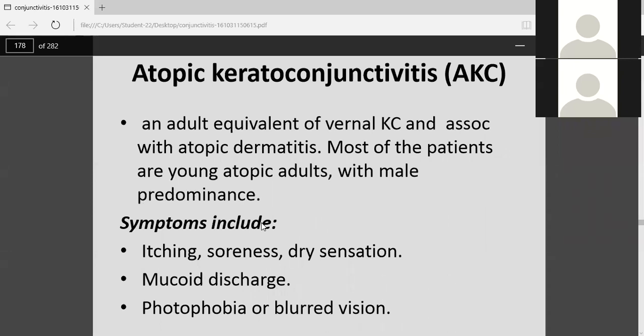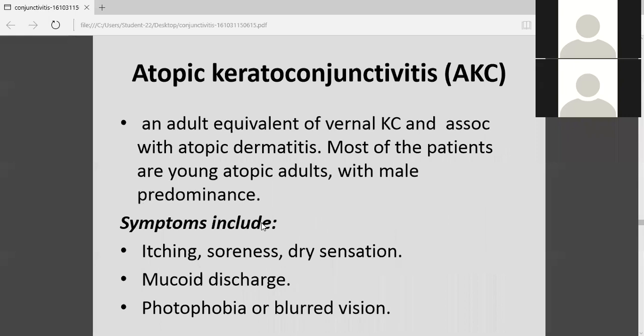Then another variant of allergic conjunctivitis is atopic keratoconjunctivitis. What is it? Atopic keratoconjunctivitis. An adult equivalent of vernal keratoconjunctivitis associated with atopic dermatitis. Basically, it is a disease of the eye that is always associated with a skin problem.